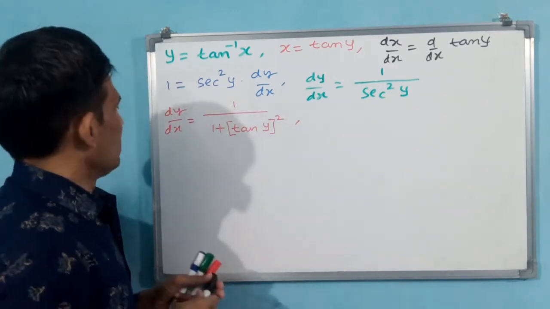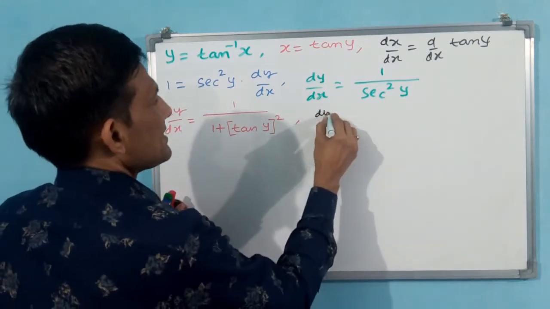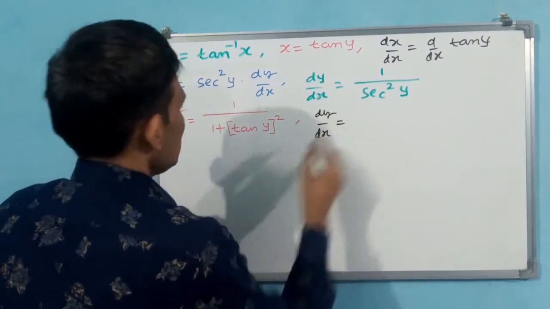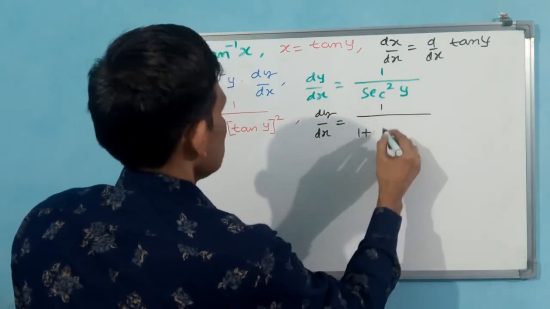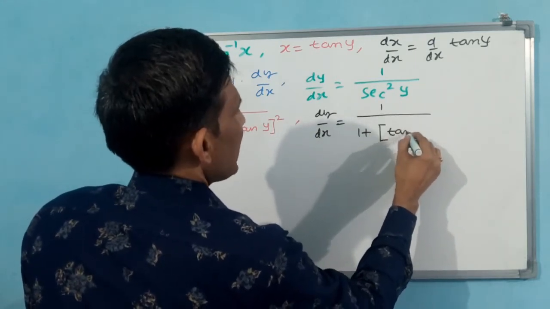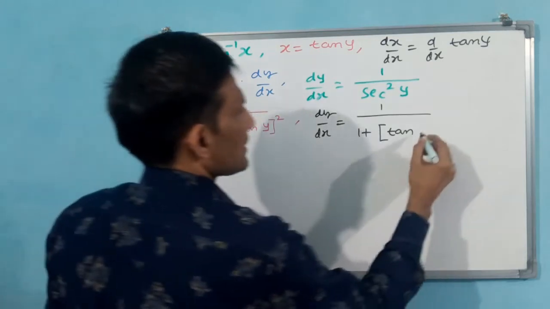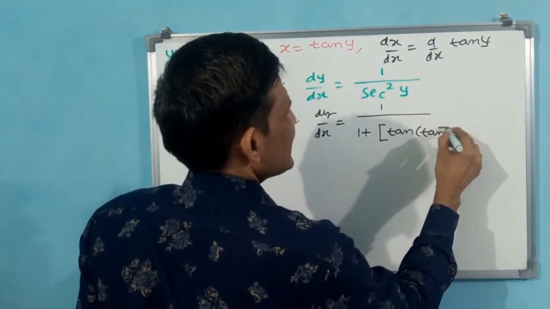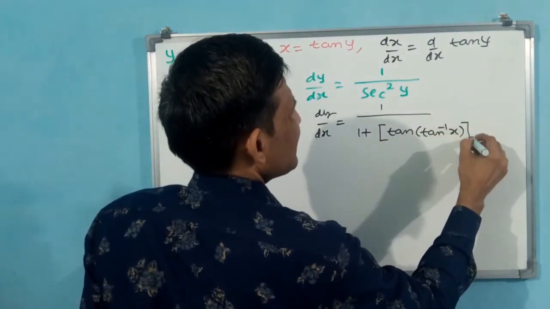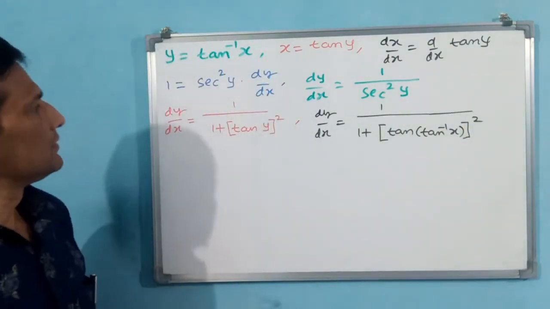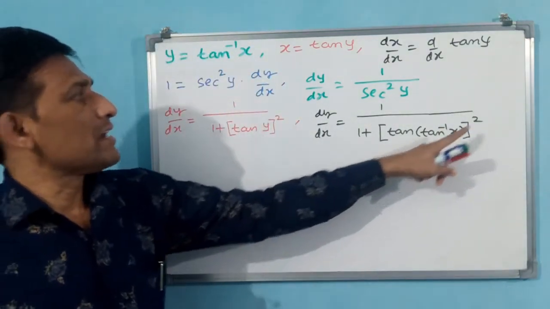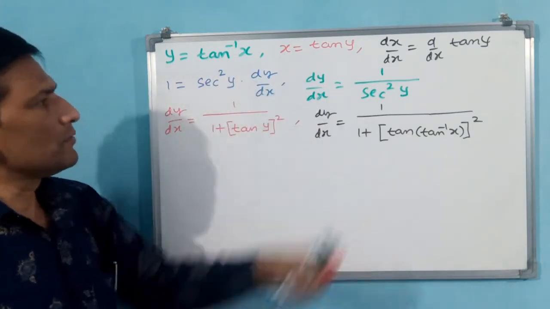You see what I am writing now? dy by dx again is equal to 1 by 1 plus tan of y, and tan of y is tan of tan inverse x. Y is equal to tan inverse x.